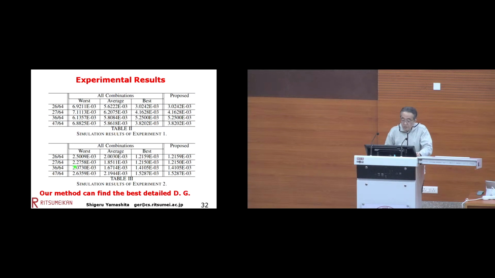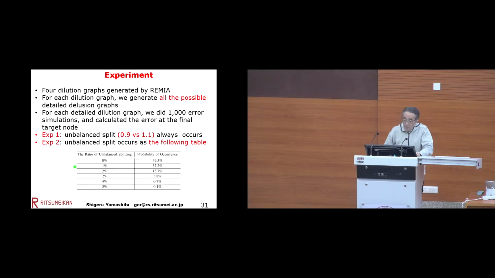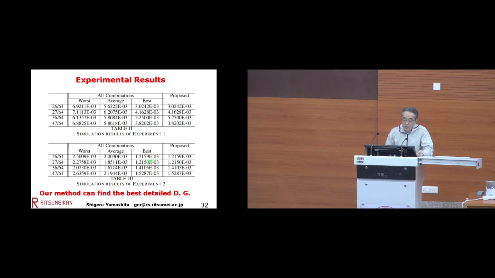Okay, so we assume the error happens with these probabilities of these splitting errors, and we simulate the given graphs and calculate the expected error values for each graph. And here, what does this mean?